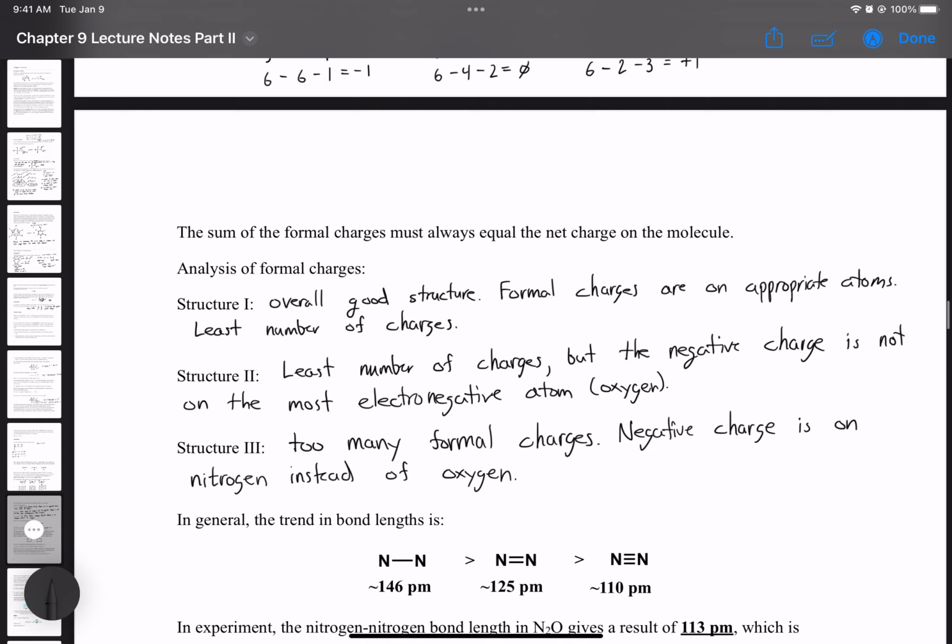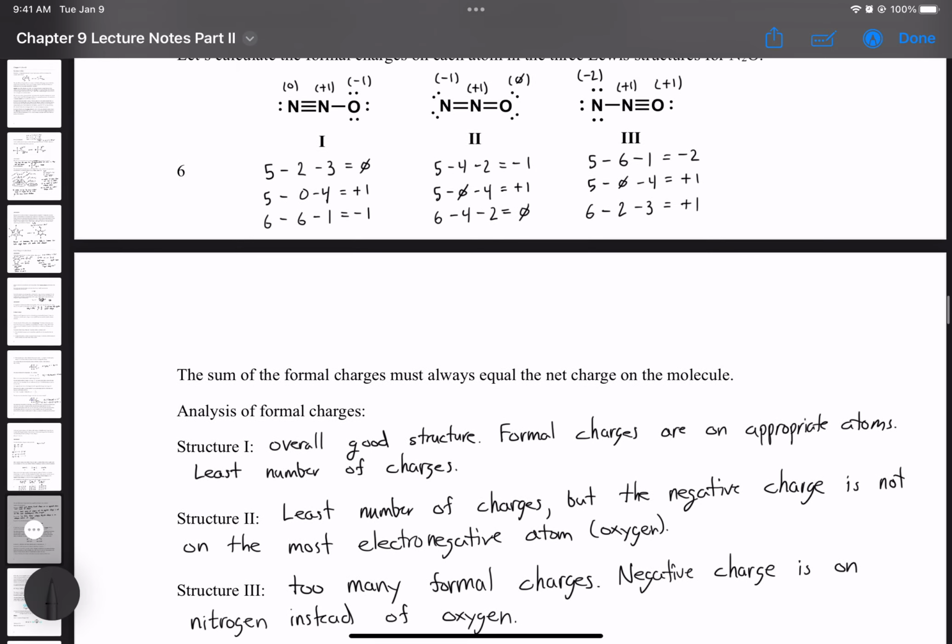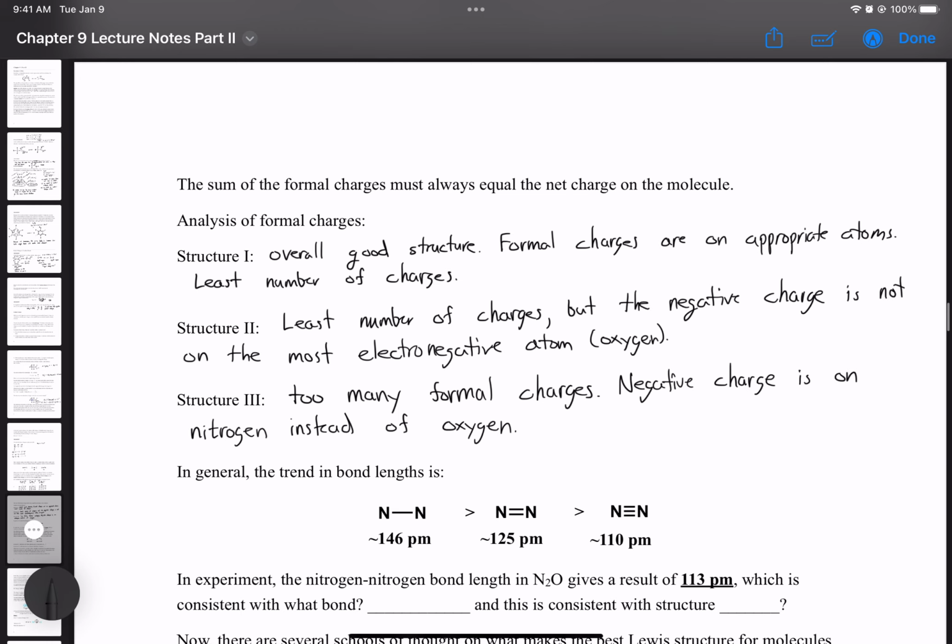And then if we look above here, what's also bad is that the positive charge is on oxygen, where the positive charge should preferably be on nitrogen because it's the least electronegative. So those are the critiques there. So structure 2, not as good. Structure 3, the worst. Structure 1, the best.